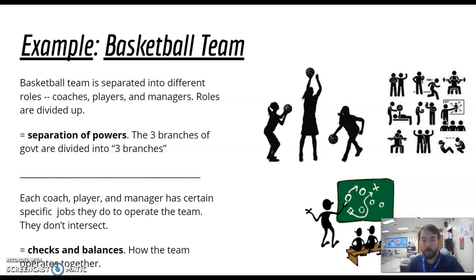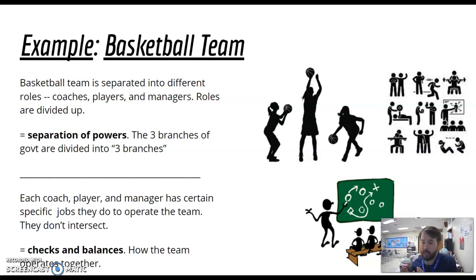So our 3 branches of government are divided as well. Checks and balances, a great example of that would be how the basketball team operates together. Each coach, each player, each manager, they have specific jobs that they do. You're never going to see the coach throw the clipboard over his shoulder and spot up for a 3 during the game, right? That's not his role or her role.